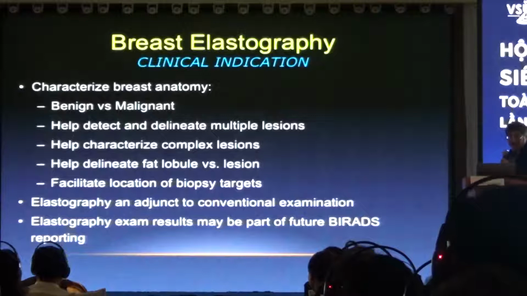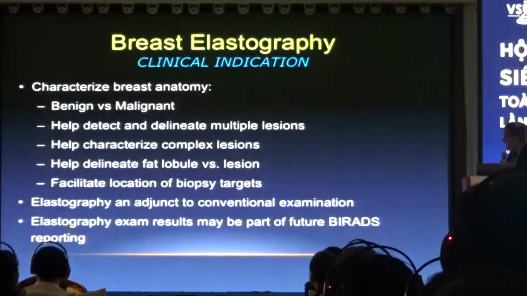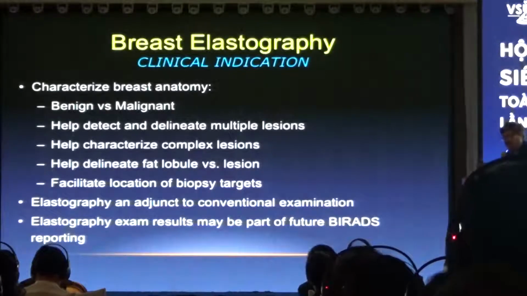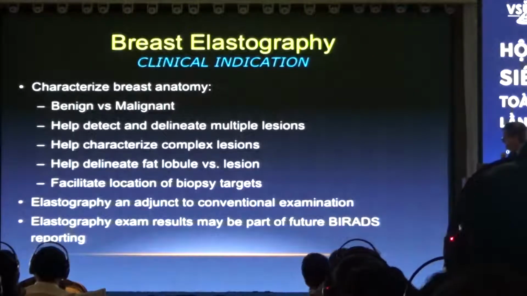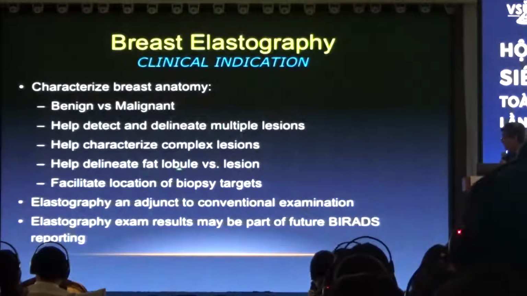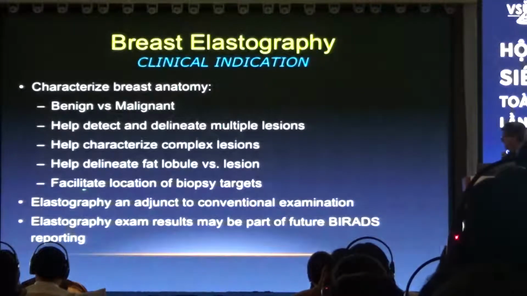I'm very surprised, now that we're doing elastography, how many lesions that we think is one lesion on B mode are actually two lesions that are adjacent to each other on elastography. It helps us characterize some complex lesions. It's a no-brainer to decide if something is a fat lobule or a lesion. And it really facilitates localization of biopsy targets.